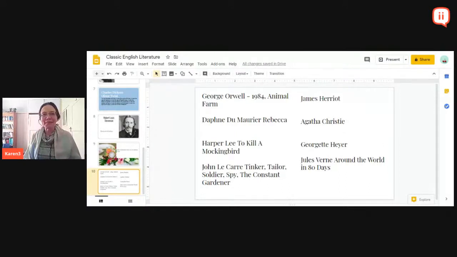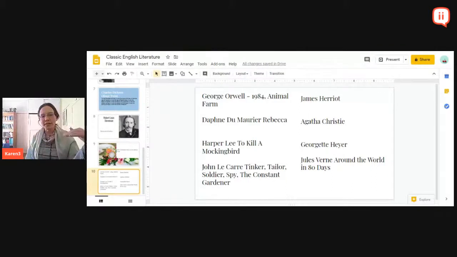You have to make up your mind what the truth is. Rebecca, Jamaica Inn, in all these stories, there's a little bit of possible murder, possible psychological manipulation. And she writes about Cornwall in England, which is her favorite place. I'm going down the list.